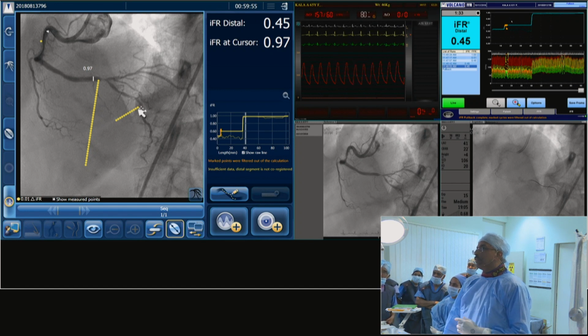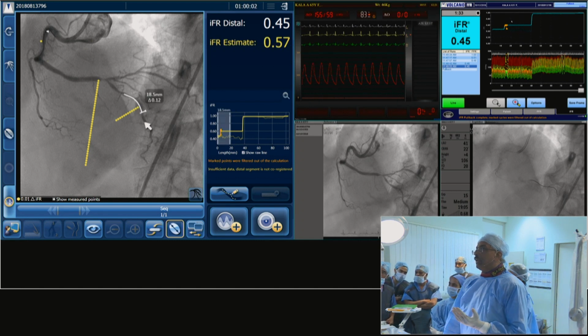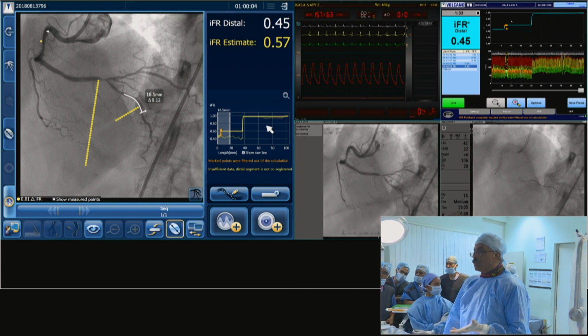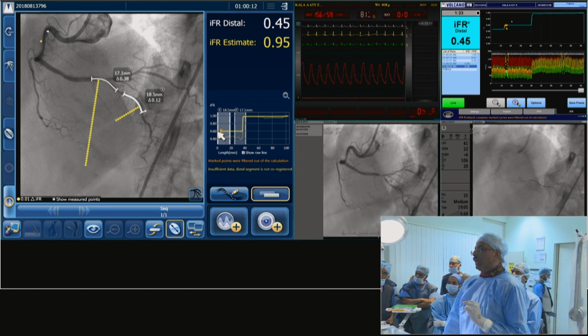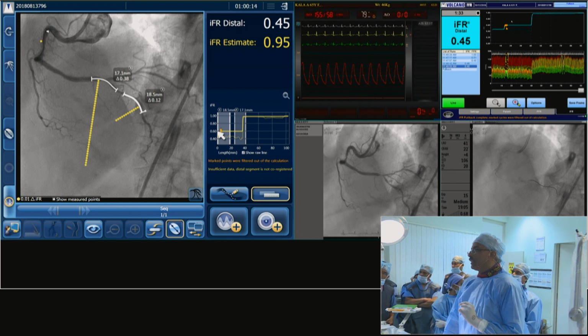So if you look at the real gradients, if you look at the distal lesion in the PDA, in the bifurcation, which is huge, it's about 38, and really in the proximal or the mid segment where we thought was the lesion, it's just one dot, and it's not very significant.